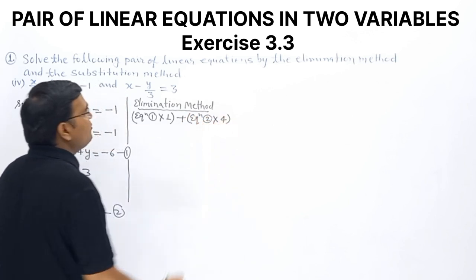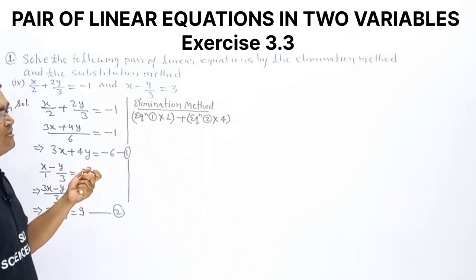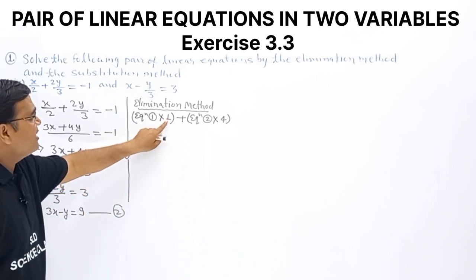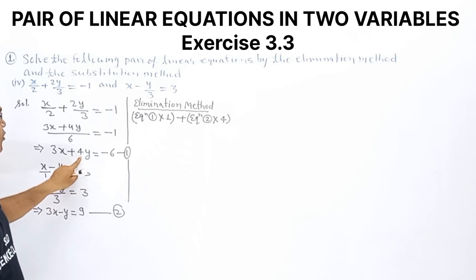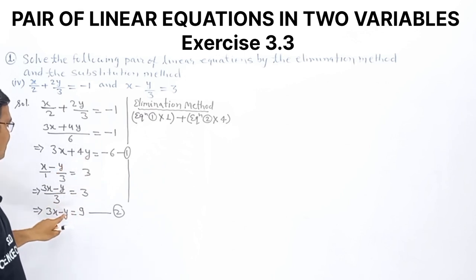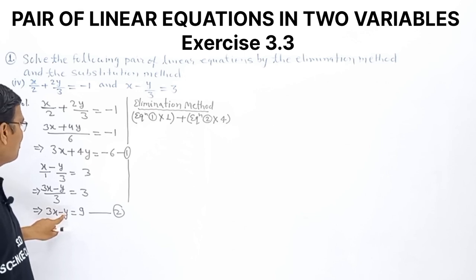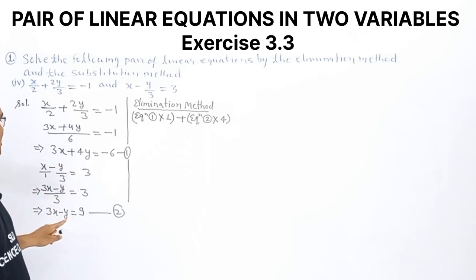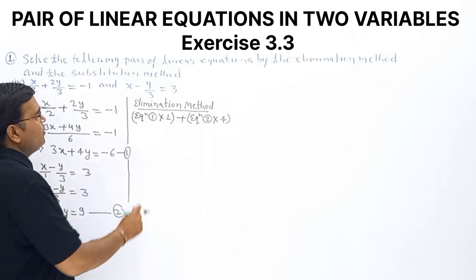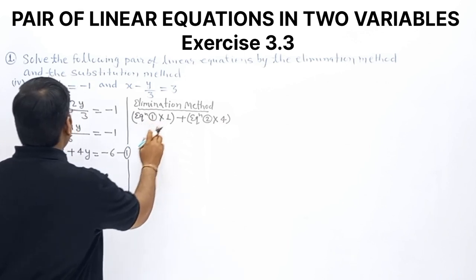Observe carefully why we are doing this. Why are we multiplying equation 1 by 1? Because we want 4y there, and the coefficient is 1. We multiply each equation by the other's coefficient of y.